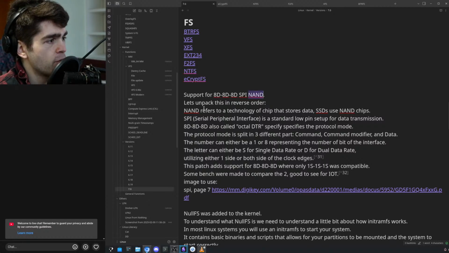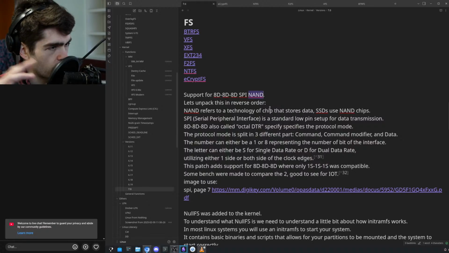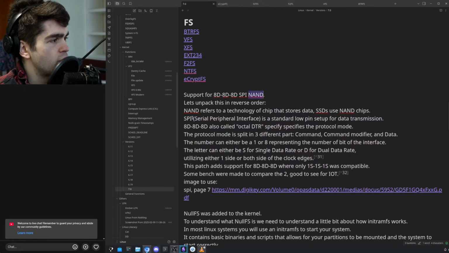So NAND, of course, refers to the technology of chip that stores data. So your SSDs use NAND chips.